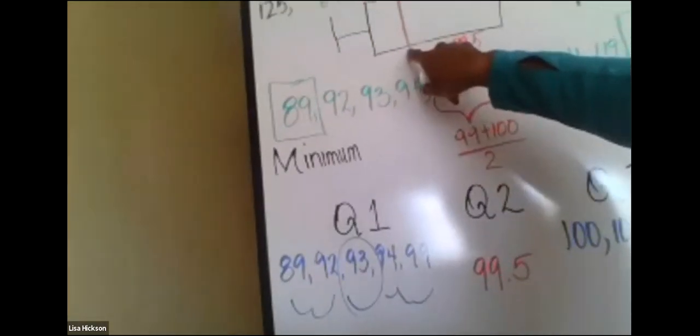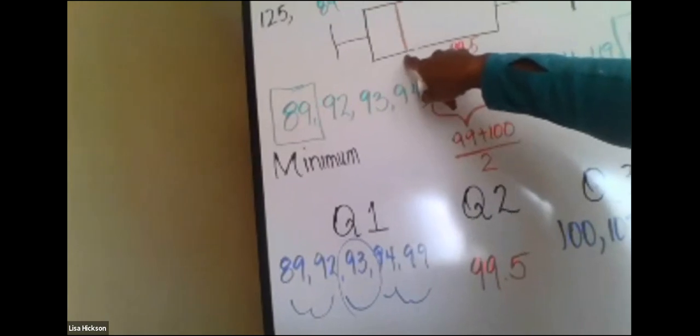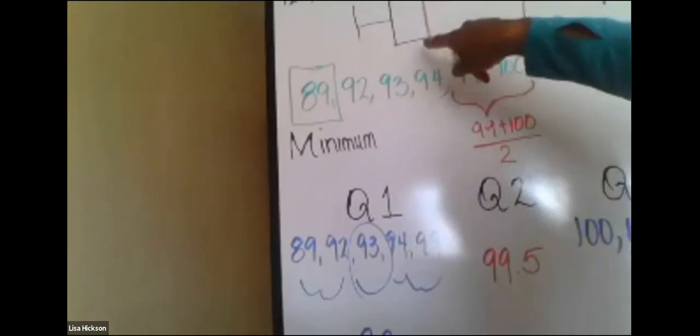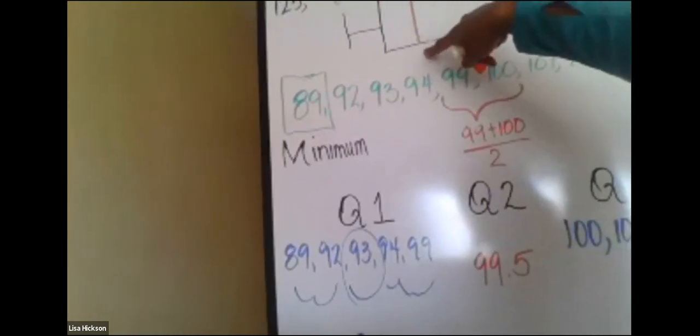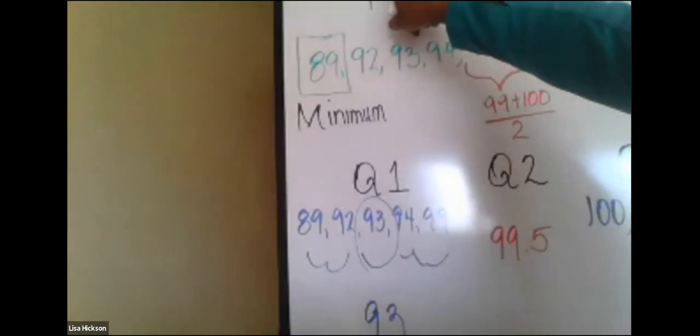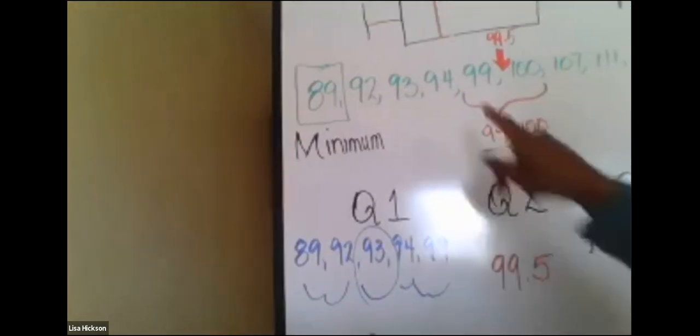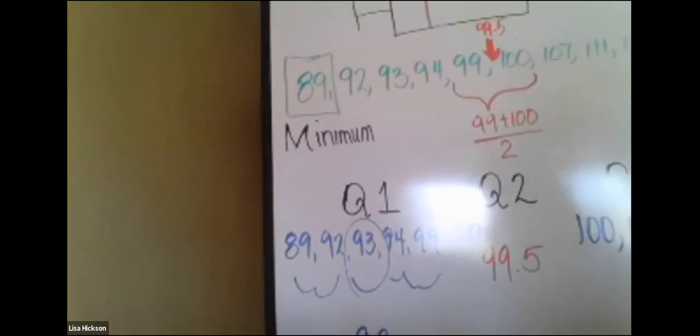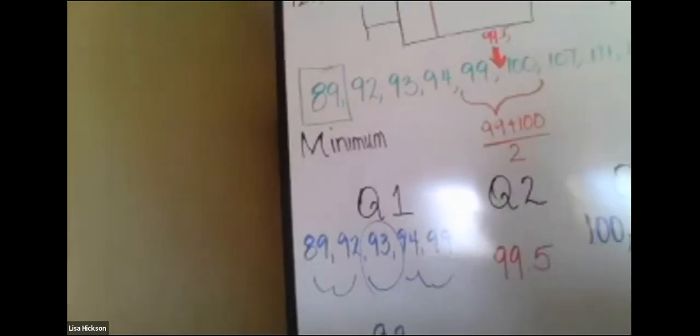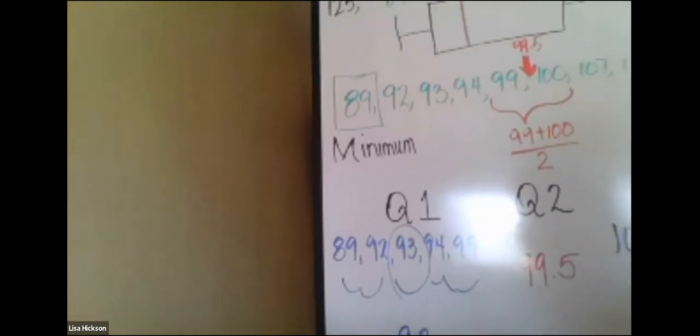So when you place your Q2, the median of the entire data set, it should be closer to the middle of the lower quartile than it is to the middle of the upper quartile.